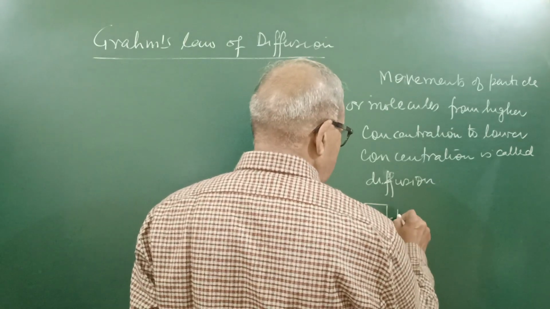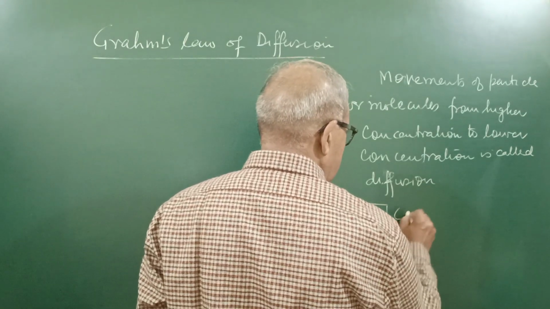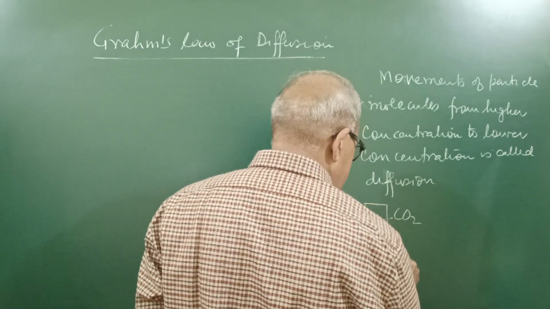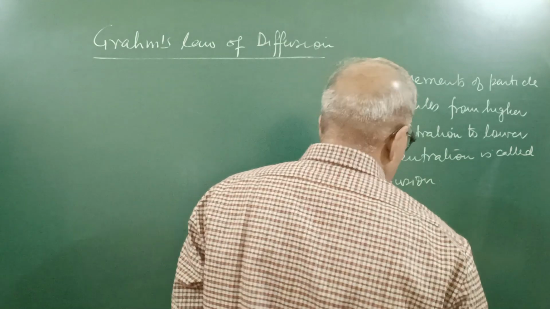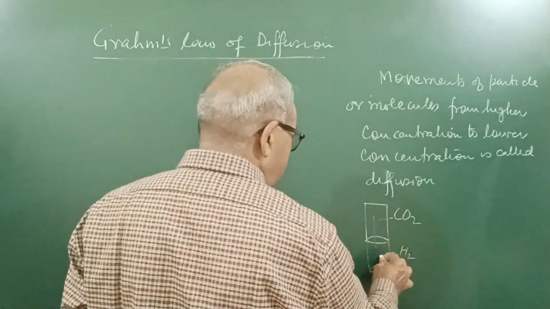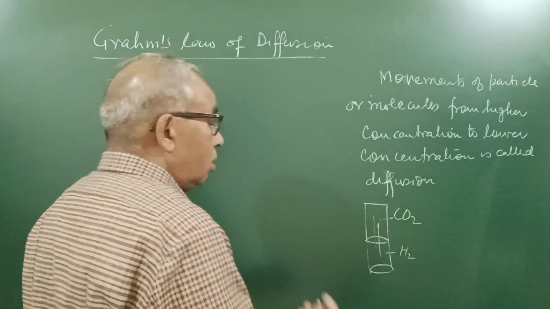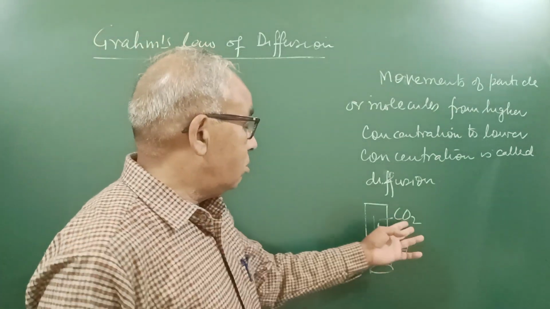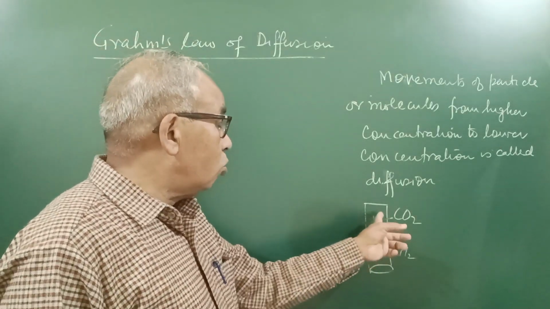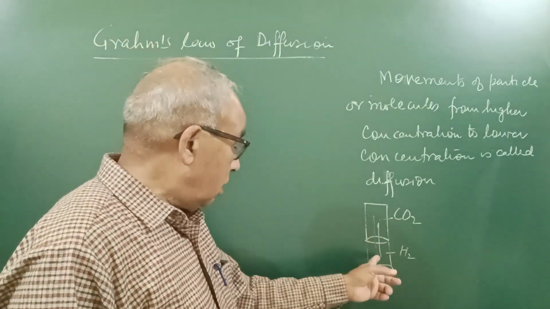This one is filled with CO2 gas, and here it is filled with hydrogen gas. So CO2 goes down and hydrogen goes up because of gravity. CO2 is heavier than hydrogen. The concentration of CO2 molecules is much higher than here.